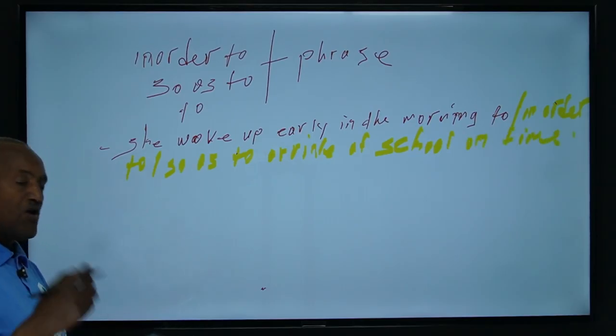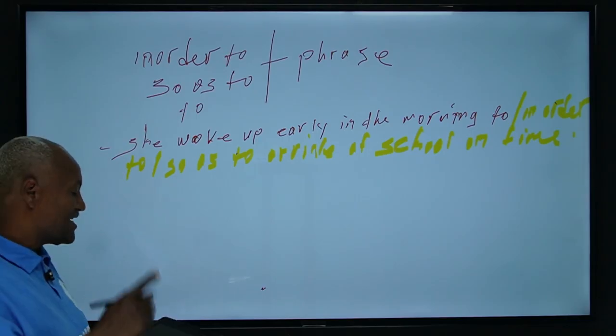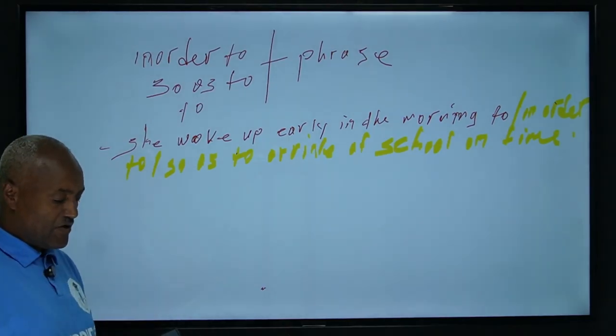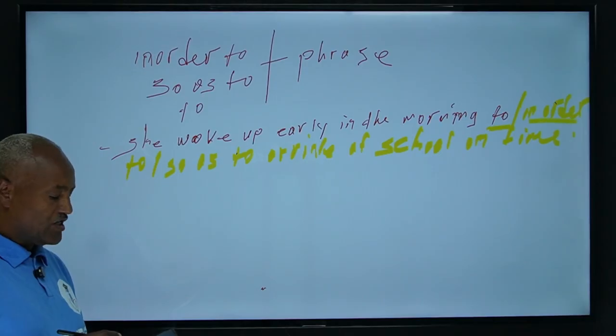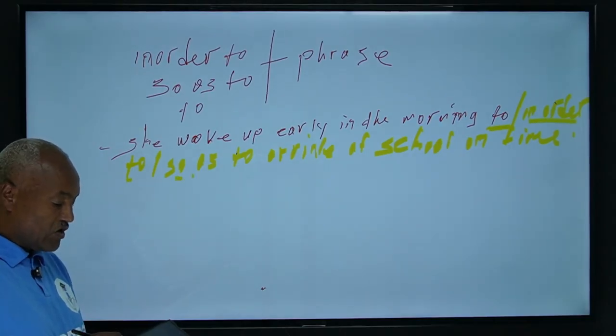Have you seen? Why did she wake up early in the morning? That means we can use to, we can use in order to, we can use so as to.